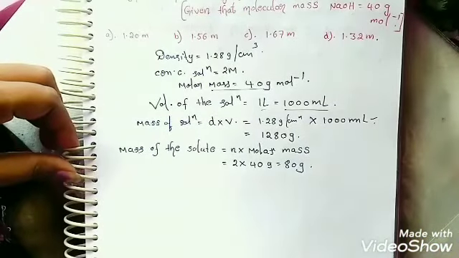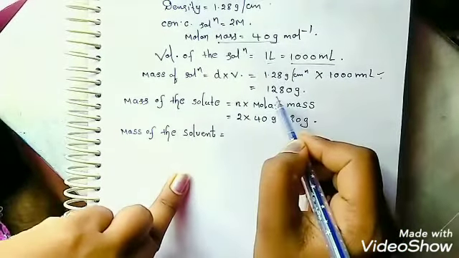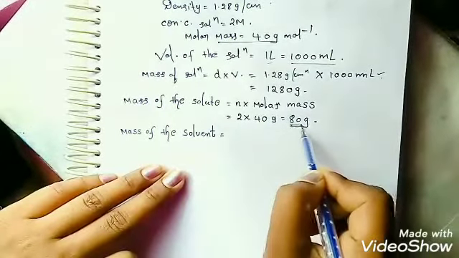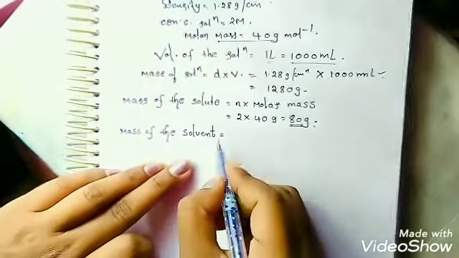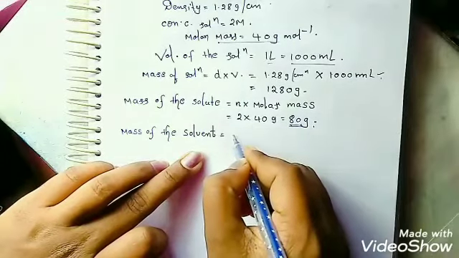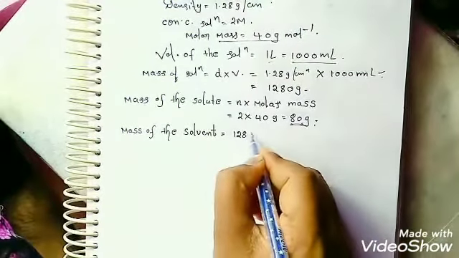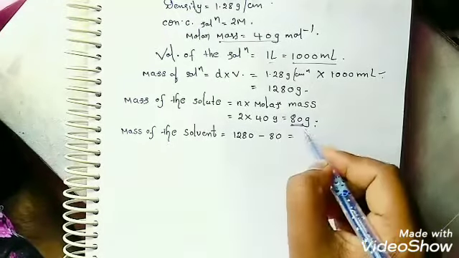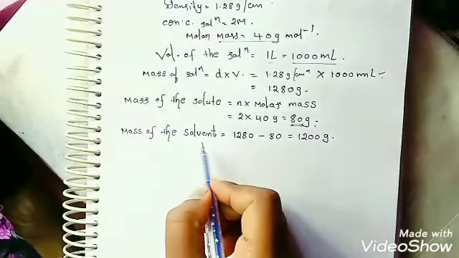This is the mass of the solute. We got the mass of the solution as 1280 grams and the mass of the solute as only 80 grams. Then to calculate the mass of the solvent, you subtract the mass of the solute from the mass of the solution: 1280 minus 80, that is 1200 grams. This is the mass of the solvent.